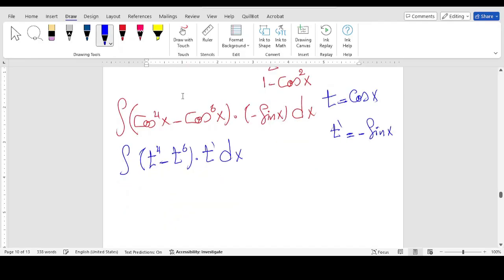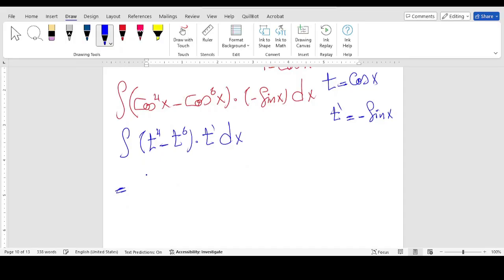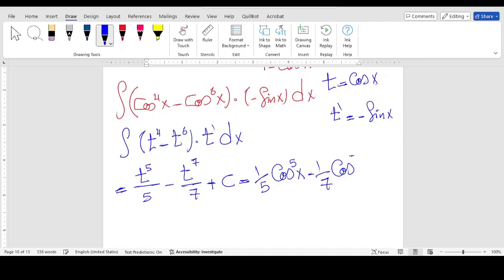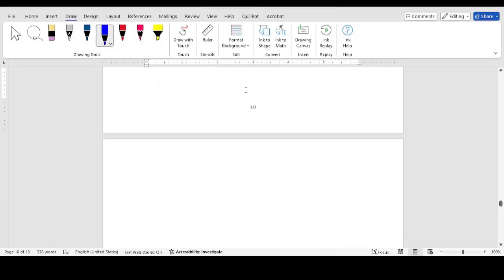Integrating the function, this will be t to the power 5 divided by 5 minus t to the power 7 divided by 7 plus c. What is t? It's cosine. So it's 1 over 5 cosine to the power 5x minus 1 divided by 7 cosine to the power 7x plus c.